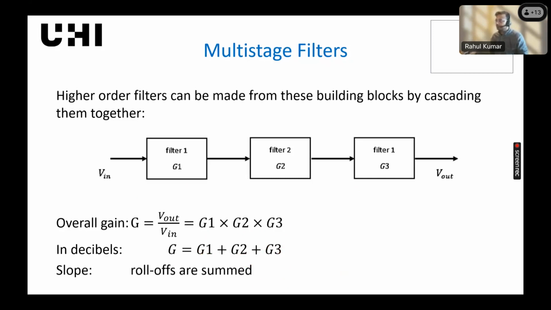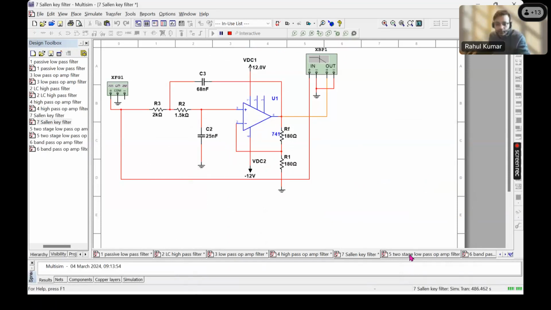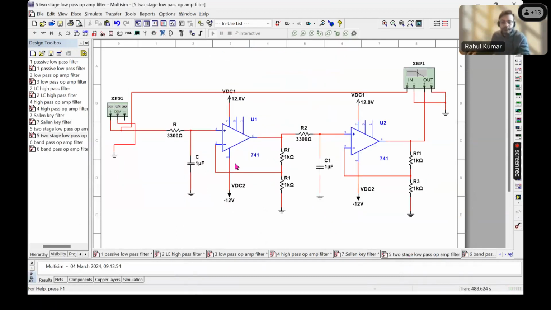So I can quickly show you the circuit. Maybe this one. This is quite simple. As you can recognize, this is one filter and this is the other filter, which are cascaded together.